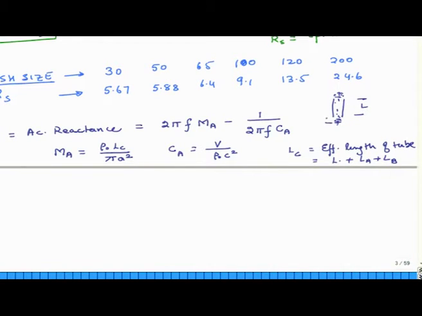So, this extra length we call L A, and this extra length we call L B, and L C is equal to L plus L A plus L B.